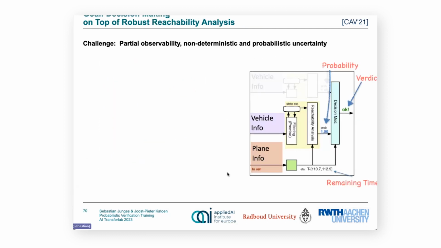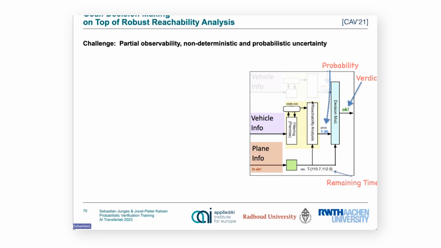I'm not going to reveal what's happening. So our approach here is most easily explained from the right. We're creating this decision module. It outputs a verdict. In this case, it's outputting OK. And it's doing that based on the probability that our vehicle and our plane would collide.